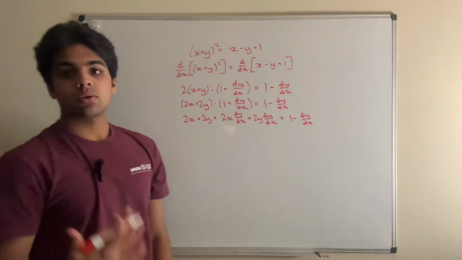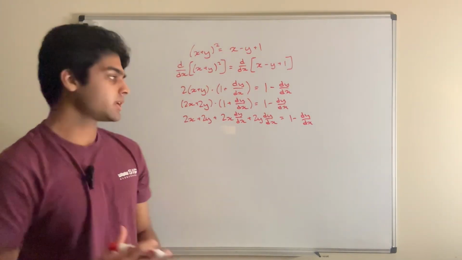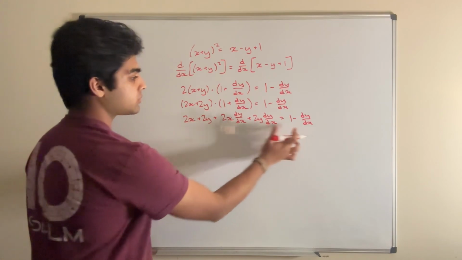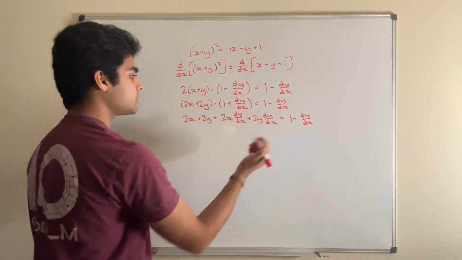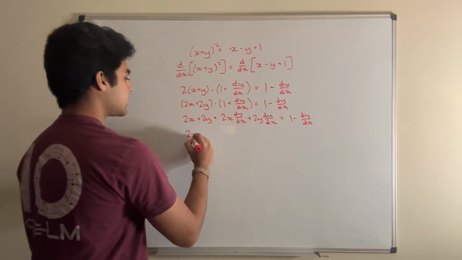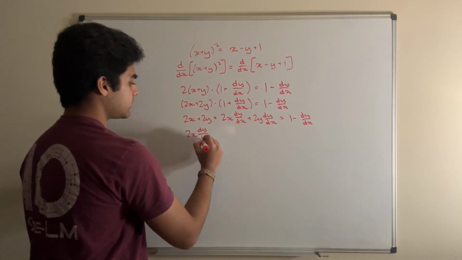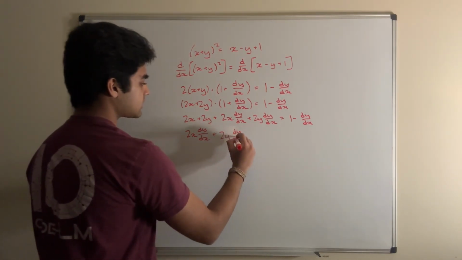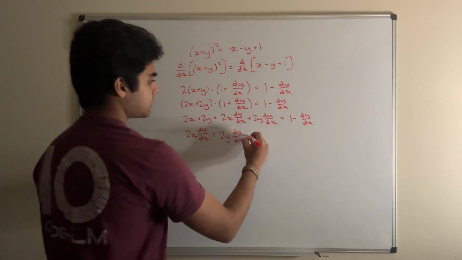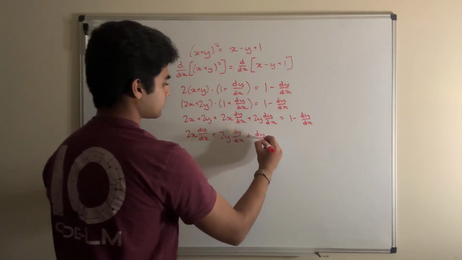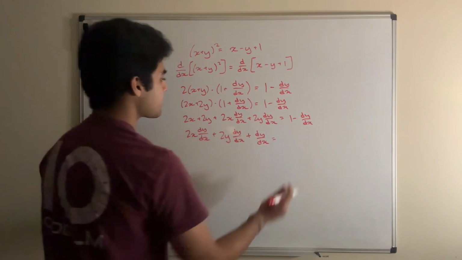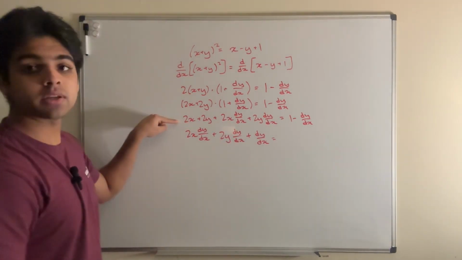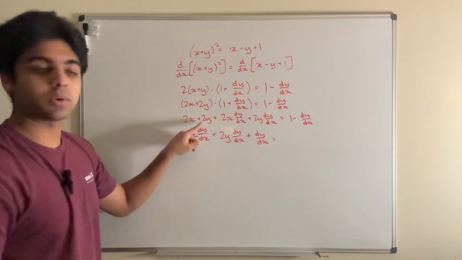And now we just want to get all the dy over dx terms on one side and all the other terms on the other side. Okay, so we already have 2 of these. We'll just get this one over by adding to it. So 2x dy over dx plus 2y dy over dx, and then plus dy over dx. And then we're going to move all the other terms to the other side. So we're going to subtract 2x and subtract 2y.